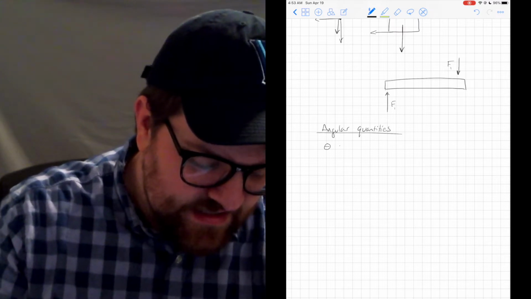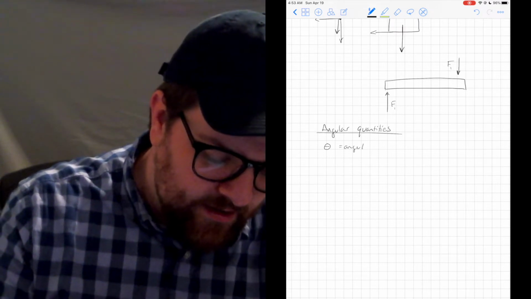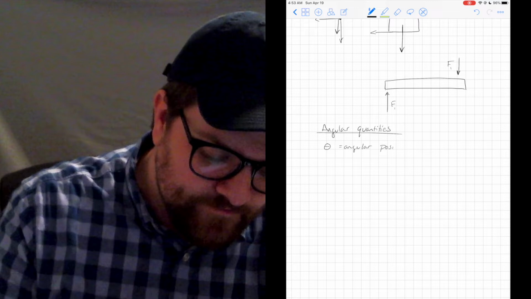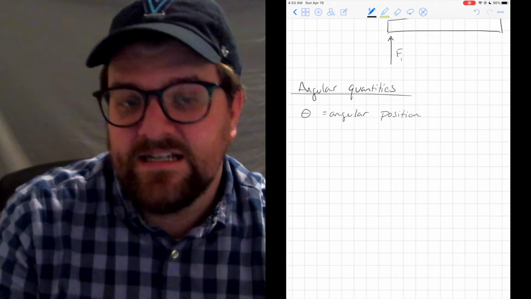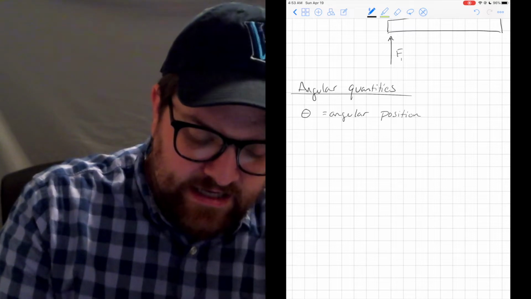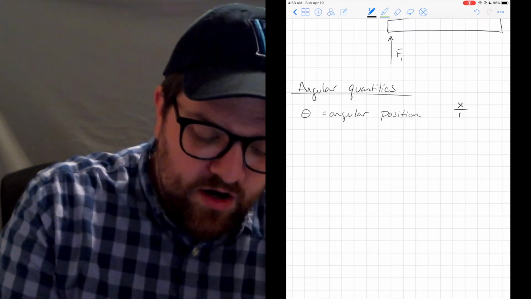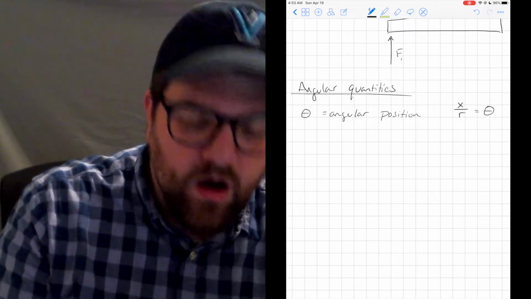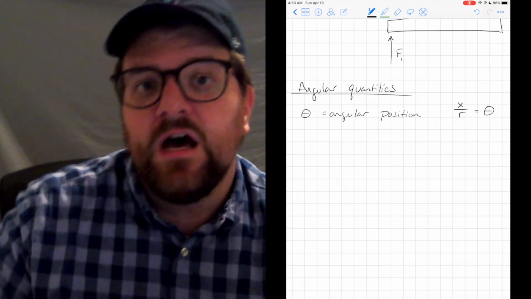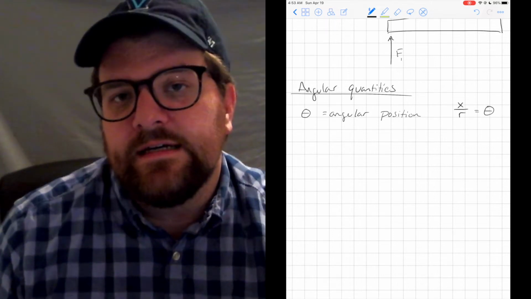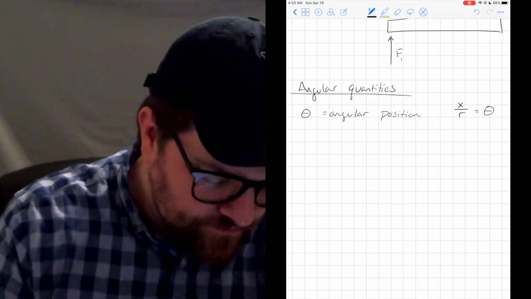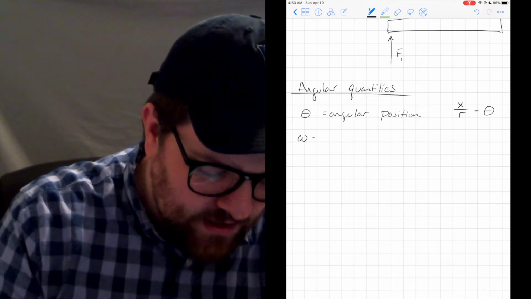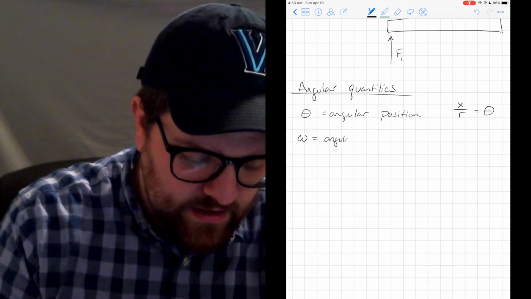Theta was this angular position. And we could get from, let's say, x to theta by saying x over r equals my theta, where r was this radius of my rotational circle. If I think about the angular velocity.